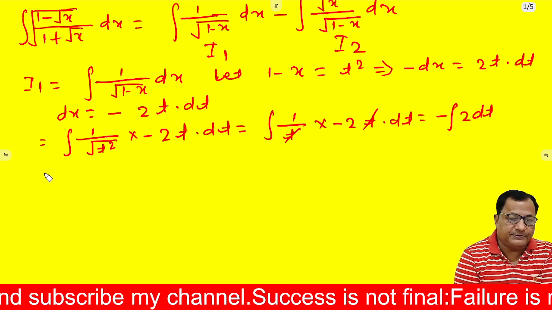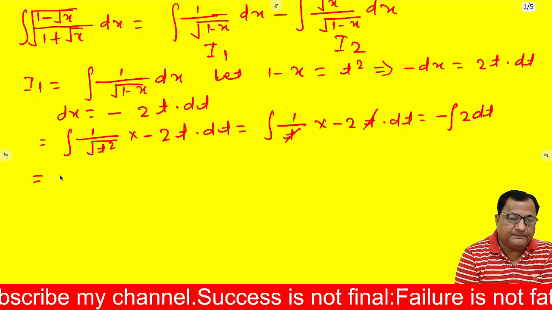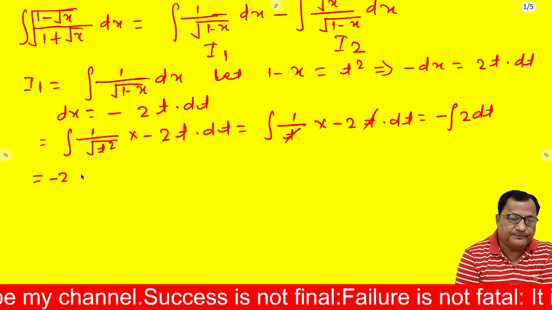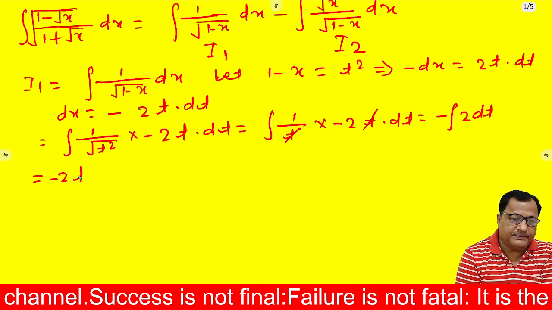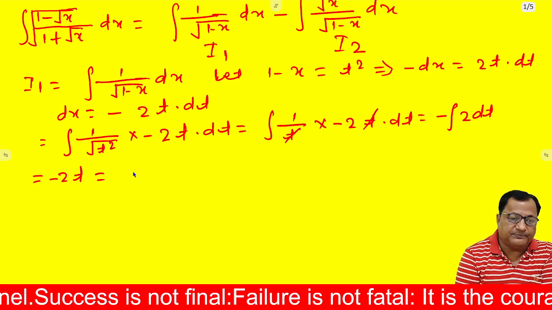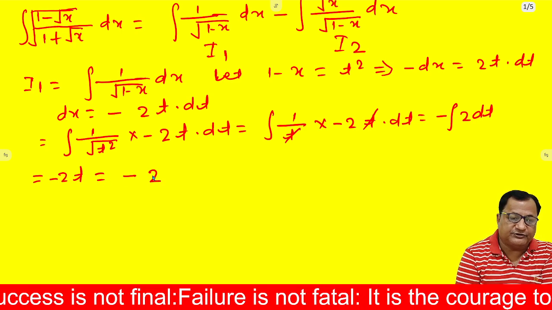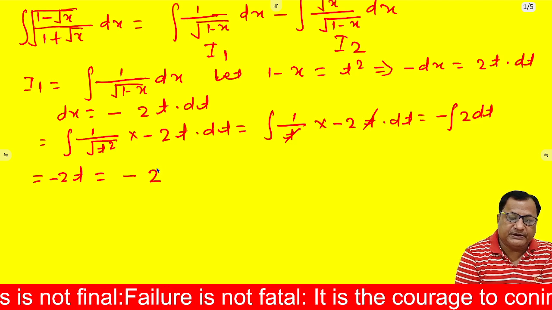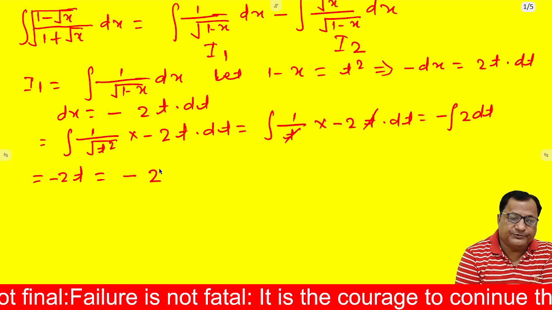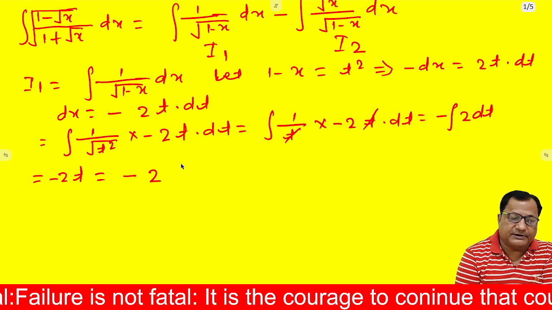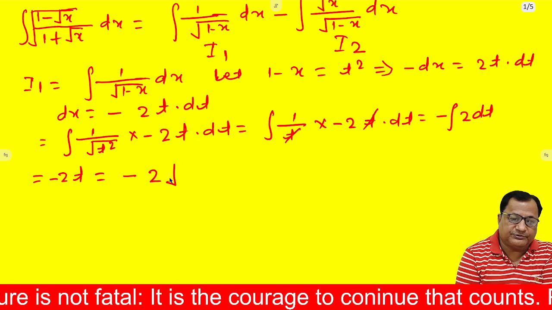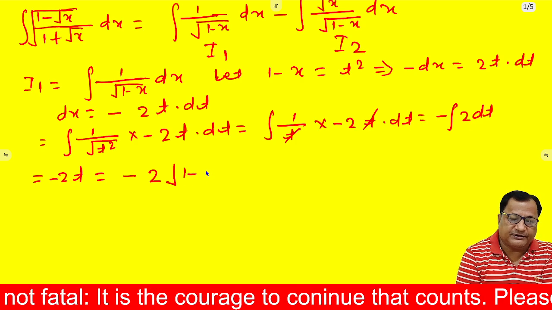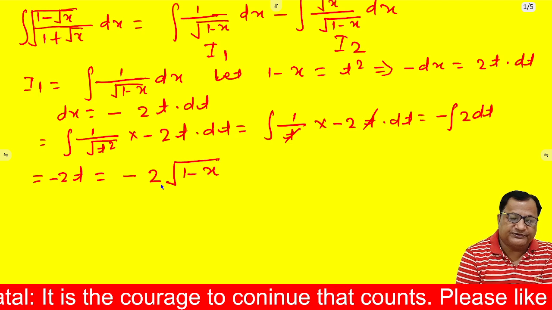So this will be minus 2t. Now if we put the value of t, we have supposed t square is 1 minus x, so t will be root of 1 minus x. So I1 is minus 2 root of 1 minus x.